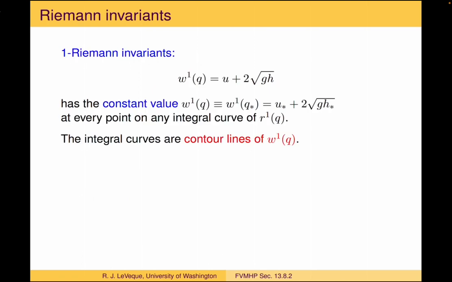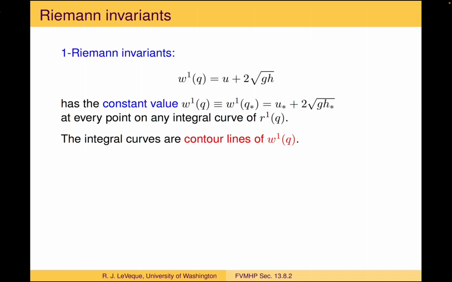Another way to look at this is that this function w1 of q is constant along each integral curve. It has different values on different integral curves, and so the integral curves are actually contour lines of this function w1 of q.